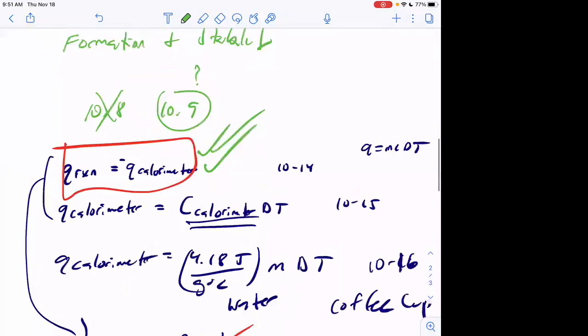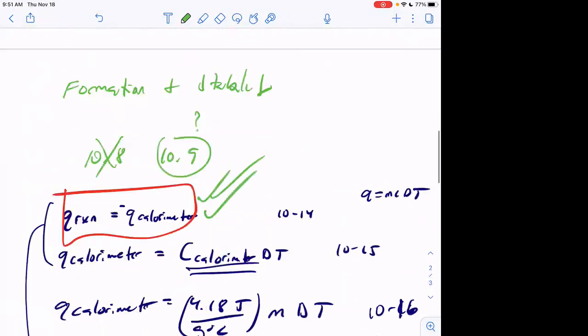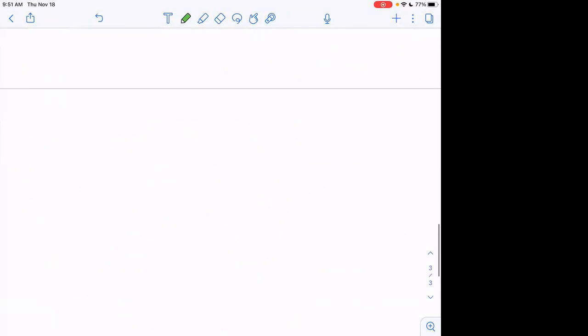Also, something else I want to talk about. Okay, so if I've got a chemical reaction like this, and I don't know what the enthalpy is for this, so I'll make it up.